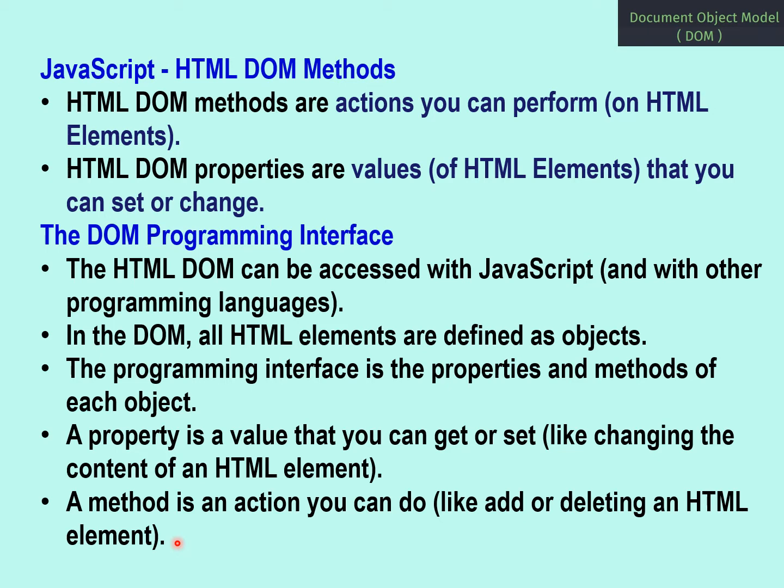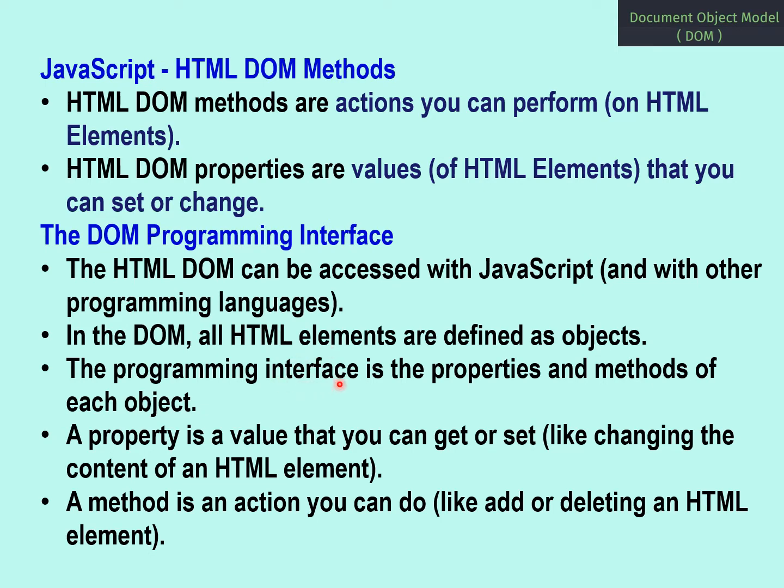So whenever a web page is loaded, the corresponding DOM is created in the format of a tree. The HTML DOM can be accessed using the JavaScript scripting language. In the DOM, all the HTML elements are treated as objects, because it is considered a tree of objects.